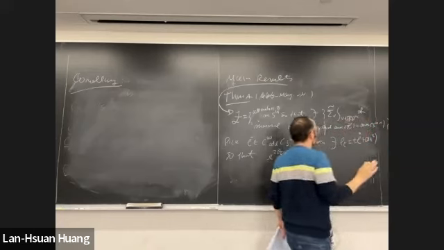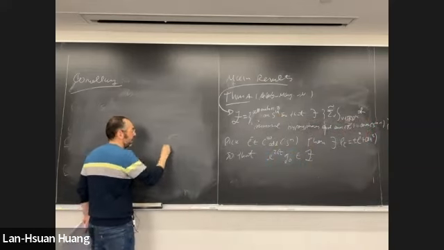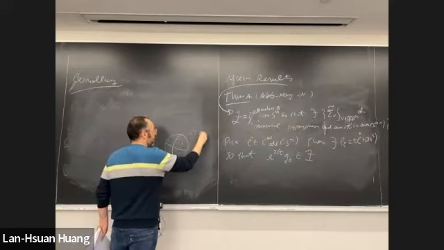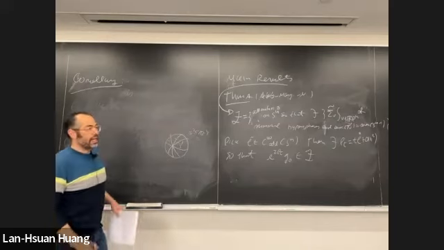So let me just say it here. Let's say we go to S3 and we look at the minimal spheres. S3 is contained in R4. If I intersect with any three plane, I get a minimal sphere, an equator.